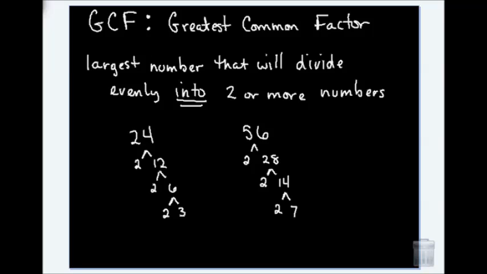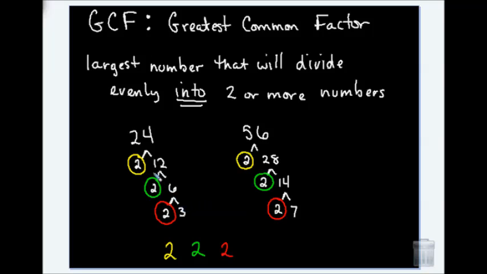What I need to do is I need to find the matching pairs between the two numbers and write one of them down. So I have one pair of 2s, and then I have another pair of 2s, and another pair of 2s.